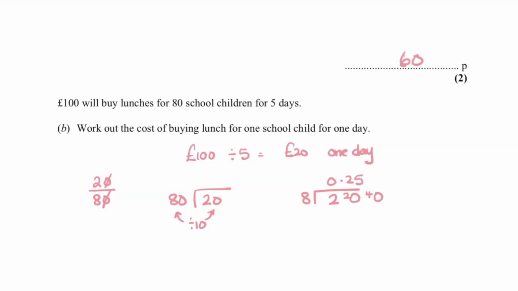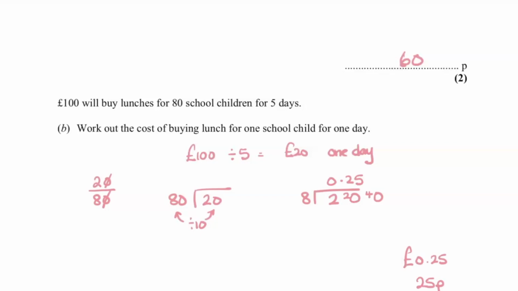Now, we don't have units in this particular question, so I've got a choice. I can either say it's 25 pence, or I can say it's 0.25 pounds. And you are getting one of these 3 marks for using your units.